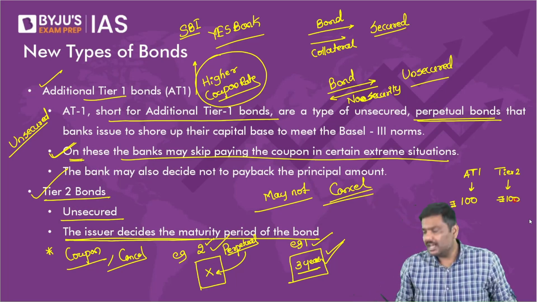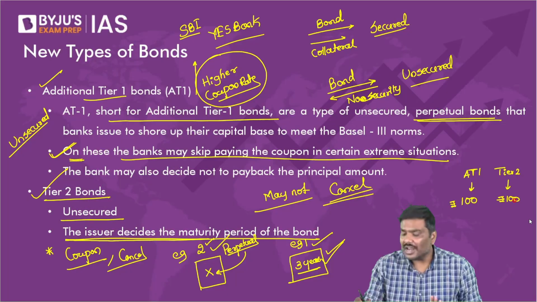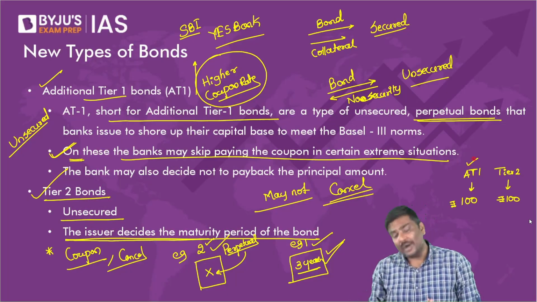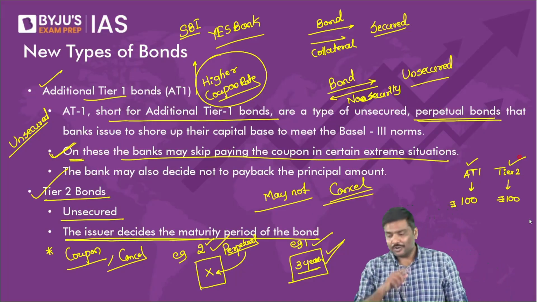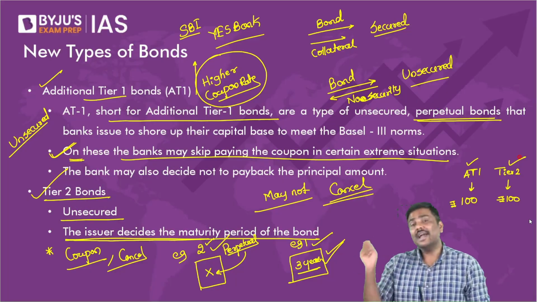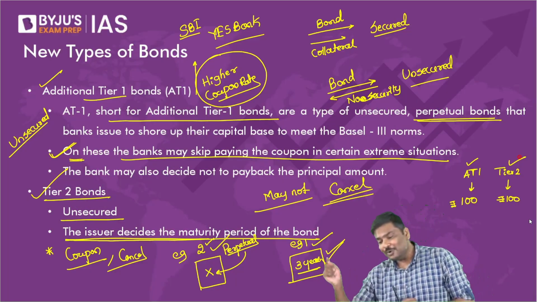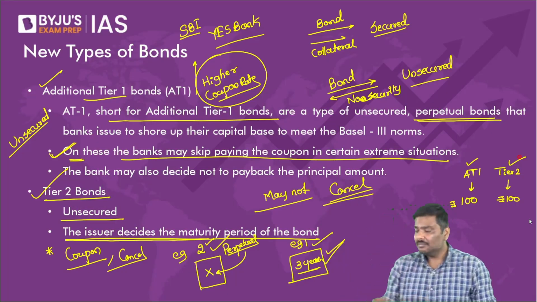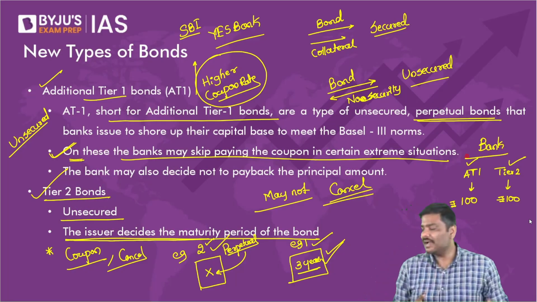Now, please tell me, in order to absorb losses, will you rely more on additional tier 1 bonds or tier 2 bonds? After all of this, think of it and please tell me, will you rely more on additional tier 1 bond or tier 2 bonds? As a bank, please understand, think like a bank.